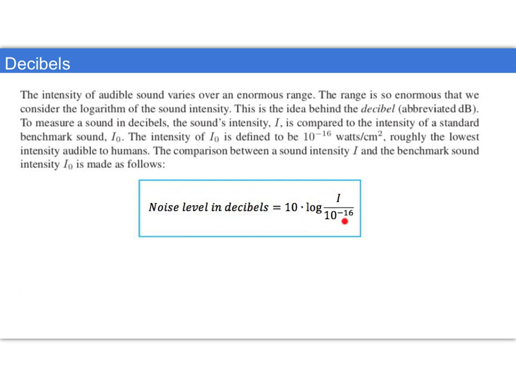And so the log of this would give you the order of magnitude for which one is stronger. Then we multiply that quantity by 10, and that converts it to decibels. So it's just a unit and a way of talking about sound in a way that you can easily compare.